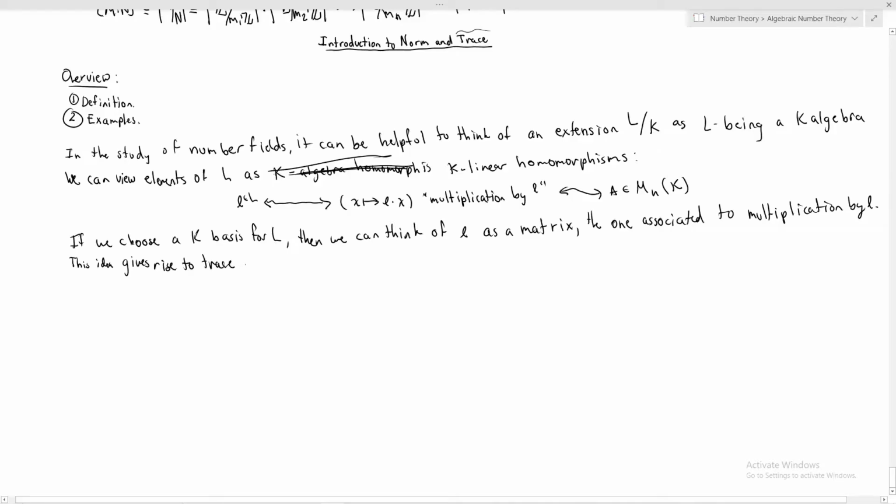So how do I actually define the trace and norm? Okay, so let me go ahead and give you the definition. It's going to be more general than two fields, because oftentimes we'll want it in the ring of integers case. So I'm going to let A contained in B be an extension of rings.